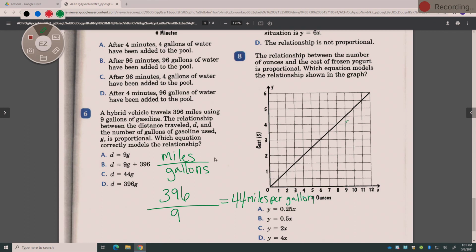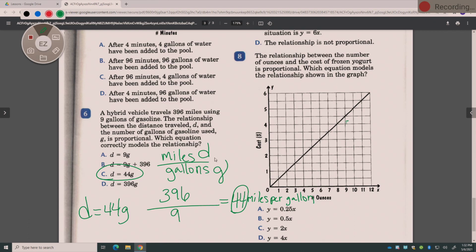What that means is that 44 is my slope or my constant of proportionality, whatever you want to call it. But my miles, they say distance, D, and my gallons, they use G. So D equals 44G. And that's letter C.